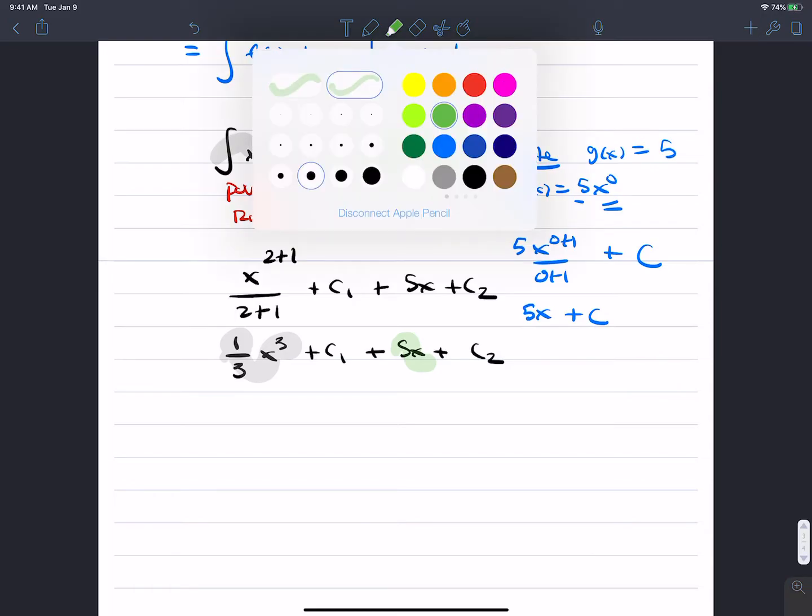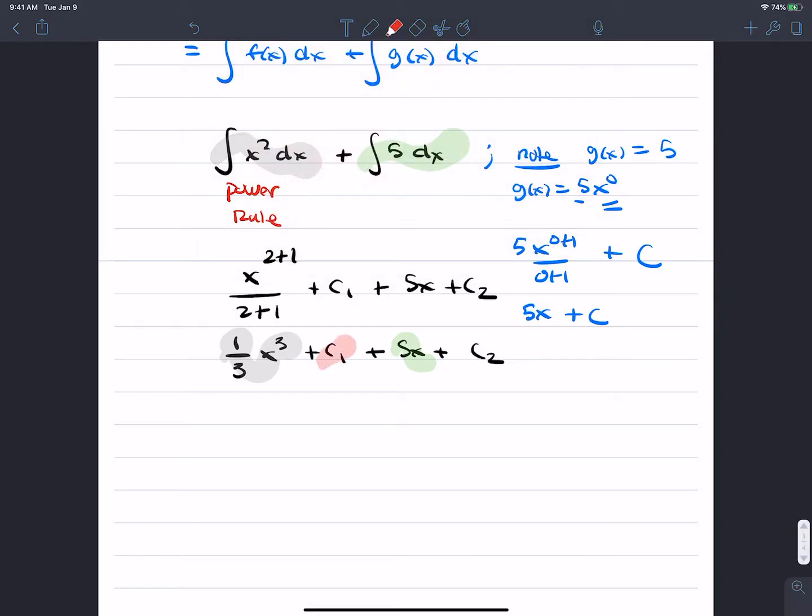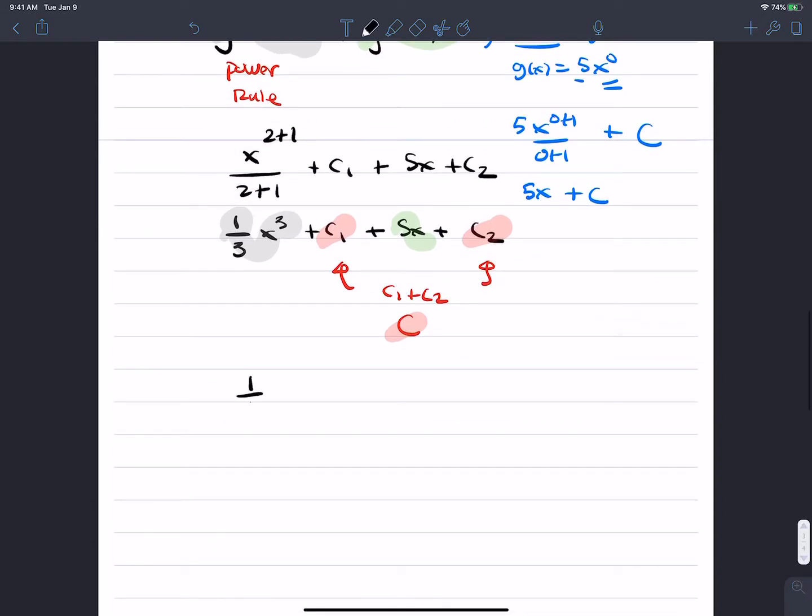I want to remark right here: look at those constants. If you ever add two constants together, and you will, C1 and C2, you could just call that C. So let's write this down. This sum can be replaced with just a constant C. You may see in a lot of textbooks at the end, they write this answer as 1/3 x to the third plus 5x plus that constant C, and there are no subscripts for your constants now.